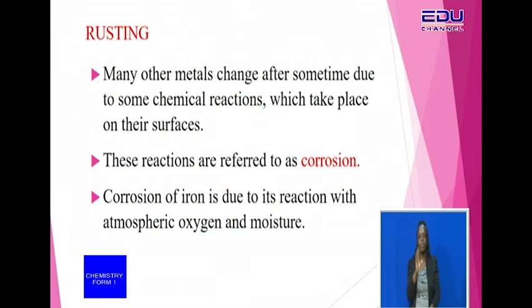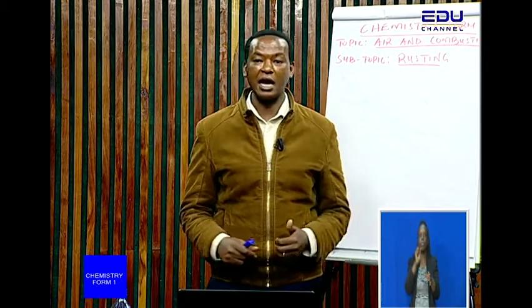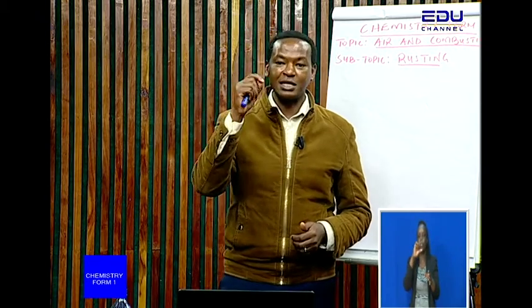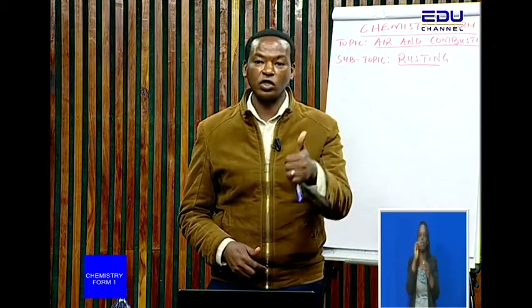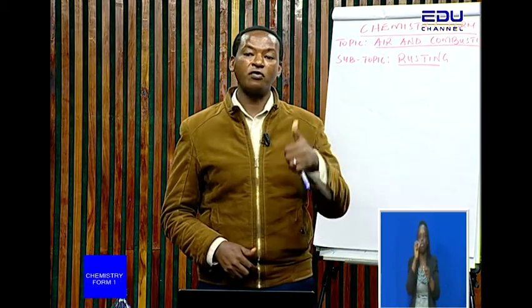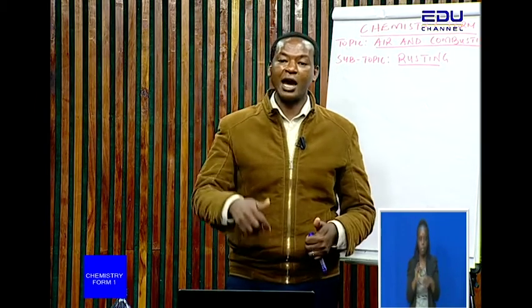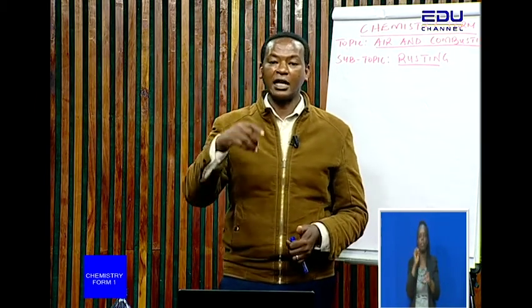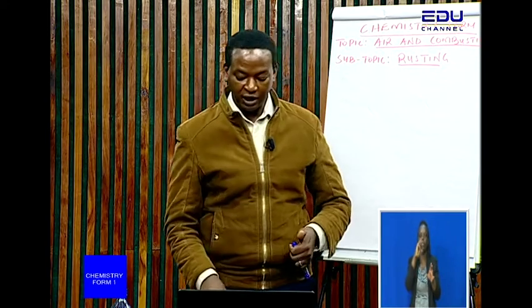Corrosion of iron due to its reaction with atmospheric oxygen and moisture from the air is what we call rusting. Therefore, simply, rusting is the corrosion, or the reaction, of the metal iron with atmospheric oxygen and also with atmospheric moisture.